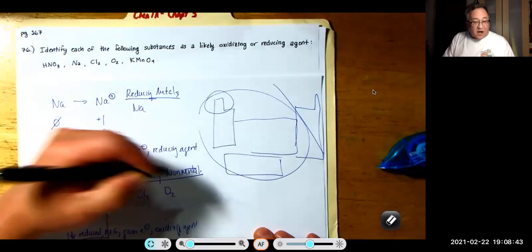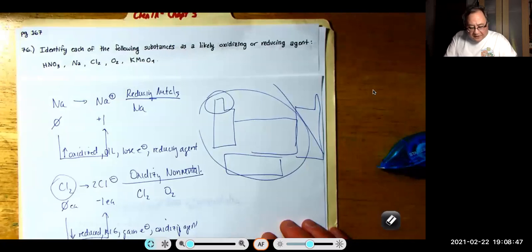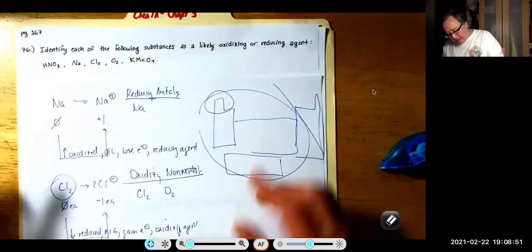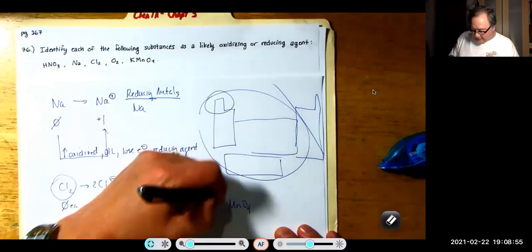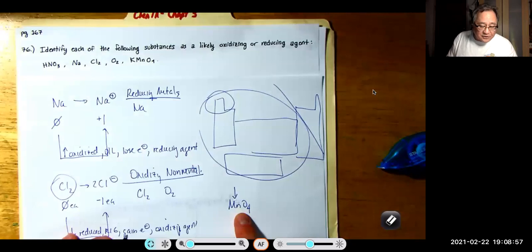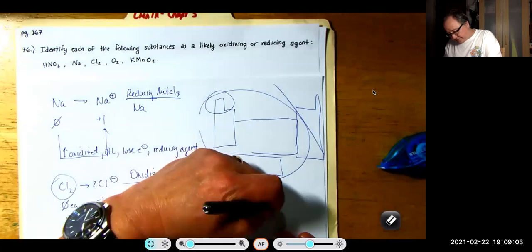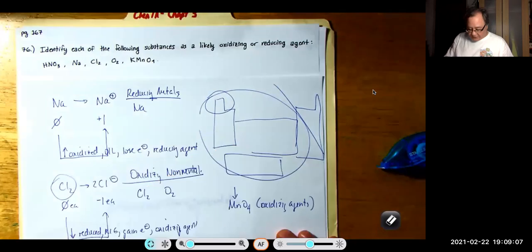Imagine that. Oxygen is an oxidizing agent. Now, what do we do about these two? Well, I'm going to show you that the MnO4, usually when you have these oxoanions or oxyanions, these are usually oxidizing agents. Okay, so these tend to be oxidizing agents.